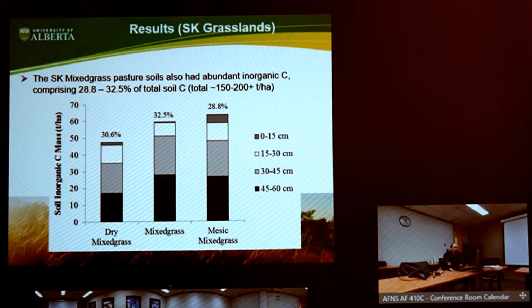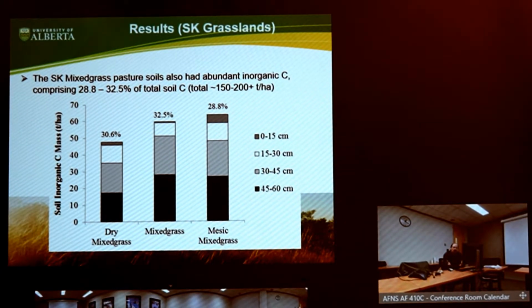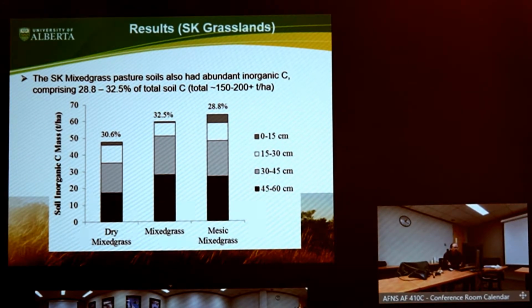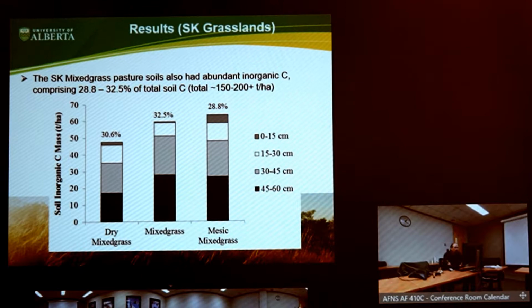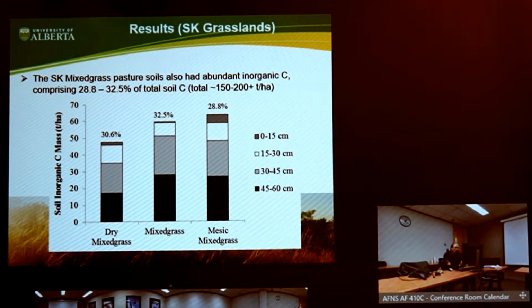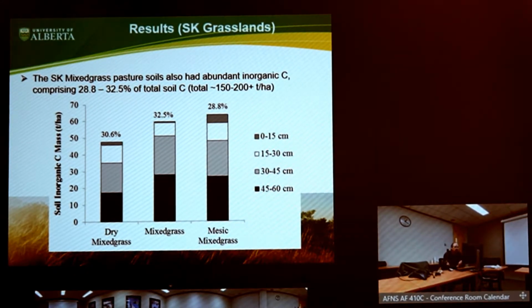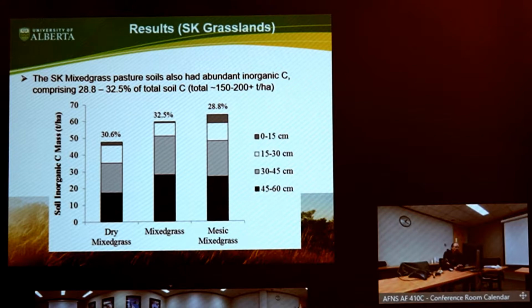And generally, almost a third of that carbon was comprised of inorganic carbon. You can see it ranged here from roughly 28.9 all the way up to 32.5%. So the inorganic carbon alone was 50 to 60 tons per hectare, and this is to a depth of 60 centimeters. So very large amounts of carbon and also inorganic carbon.